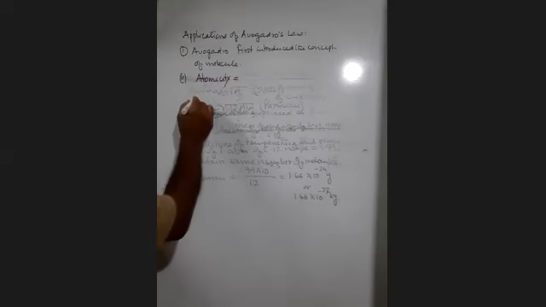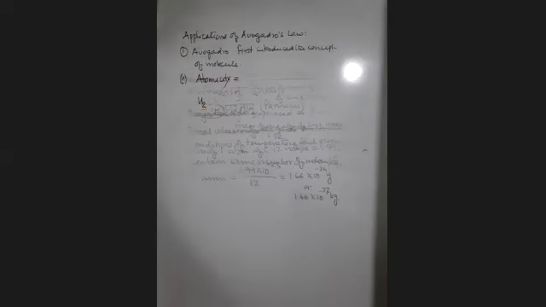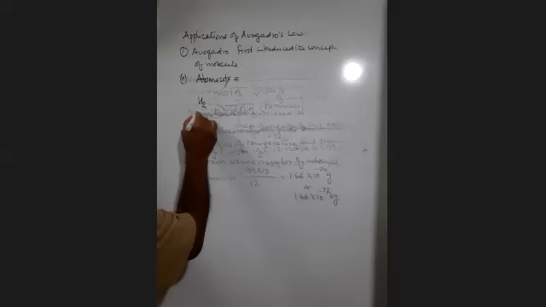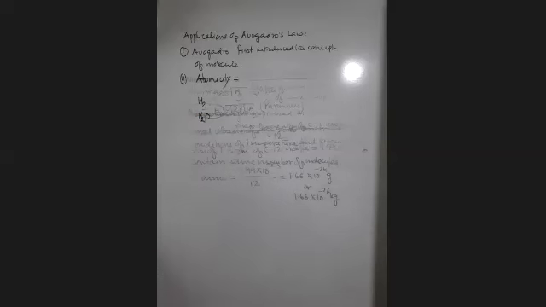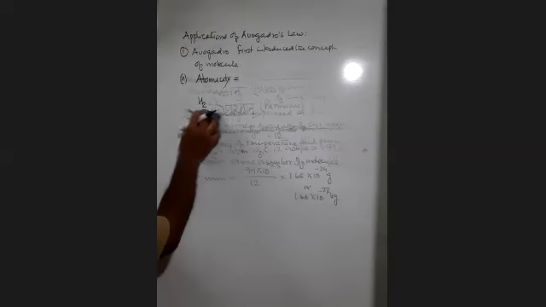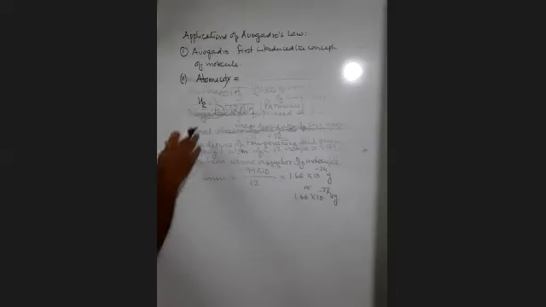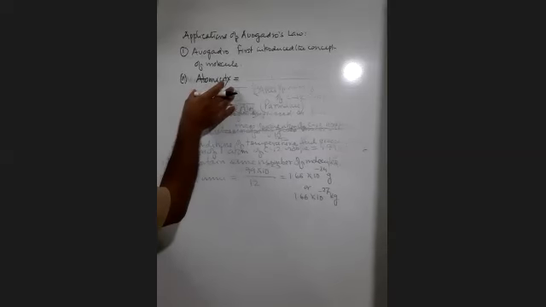If you have taken hydrogen, H2 is a molecule of an element. But if you have taken H2O, that is a molecule of a compound. So atomicity is nothing but how many atoms have made a molecule of an element. So he first brought this term, atomicity.